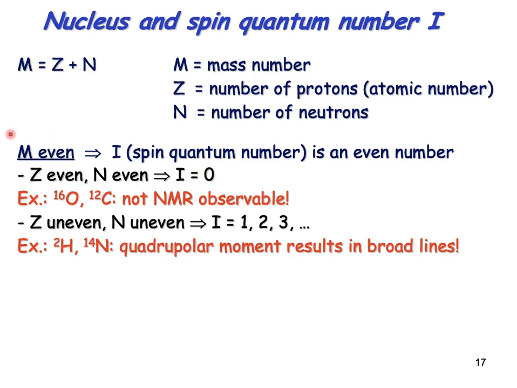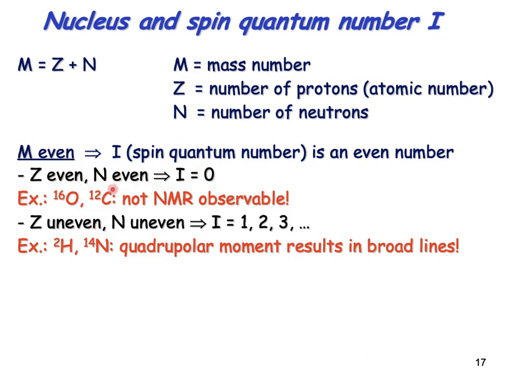If the mass number is even, then the spin quantum number of that atom will also be 0. For example, in the case of oxygen-16, 16 means 8 protons and 8 neutrons, 8 plus 8 is 16. Both are even, so the spin quantum number of oxygen-16 will be 0.